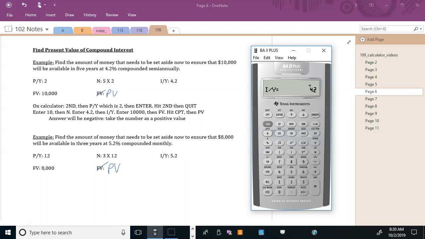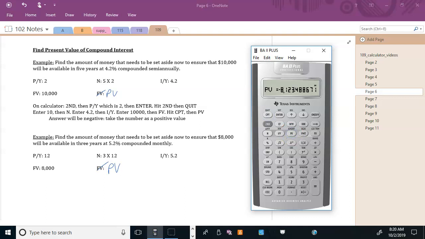Now again, that 10,000 is a number I don't have yet, but I will have in the future. So we call that our FV, our future value. So 10,000, and then let's hit the FV button. And we're going to compute our present value. So I'm going to hit CPT and then PV.